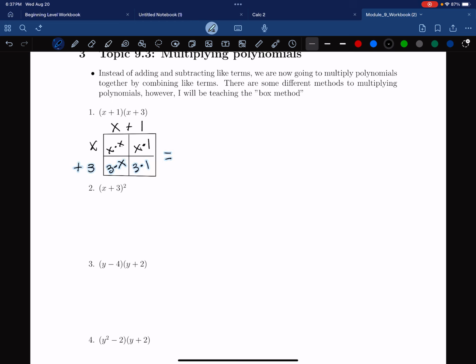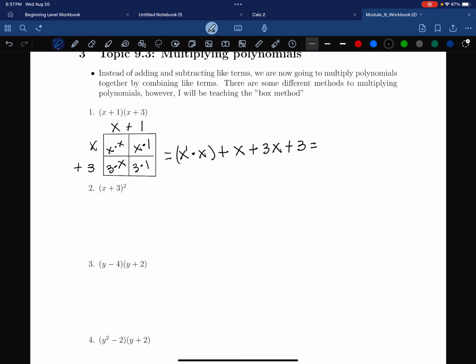So we have x times x. I'm going to add x times 1, which is just x. And then 3 times x, I'm going to add that, which is just 3x. And then 3 times 1, that is just 3. So, looking here, we have x times x. And remember, from our first section of this unit, we can use rules of exponents to simplify this because we have an x and an x, which is the same base.